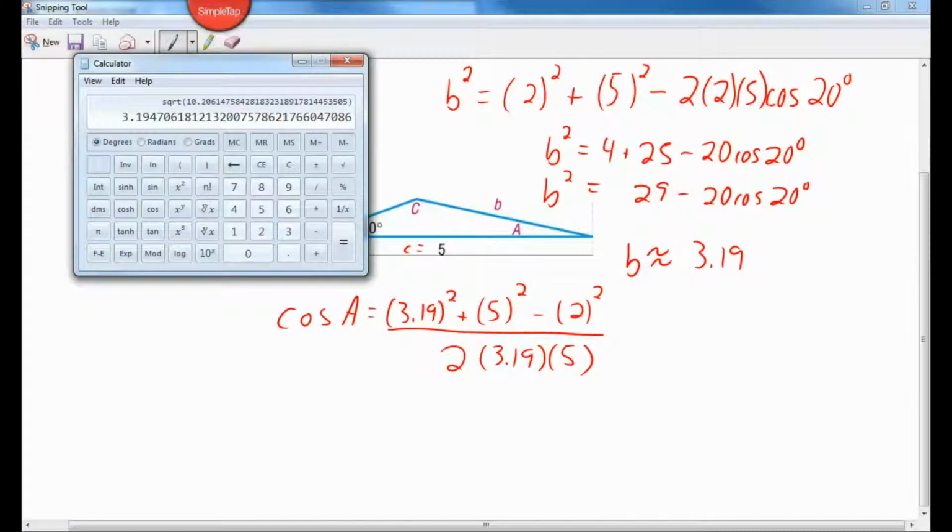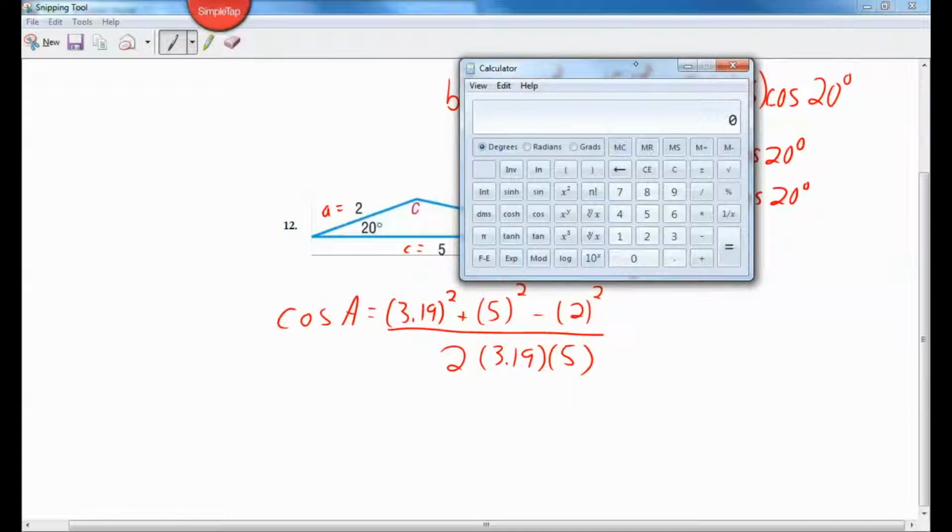Be careful whenever you're figuring this out, because you have a lot of stuff to do in the numerator, and then you need to divide it by all of this stuff in the denominator. But since you're dividing by a product, you can just work out the numerator and then divide by 2, divide by 3.19, divide by 5.